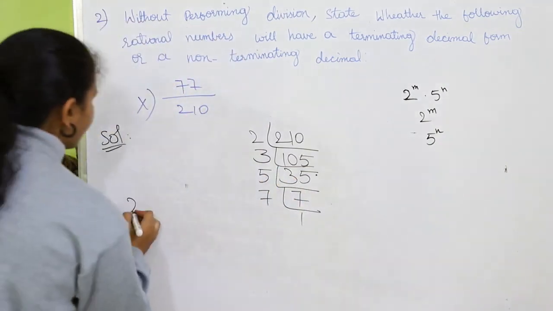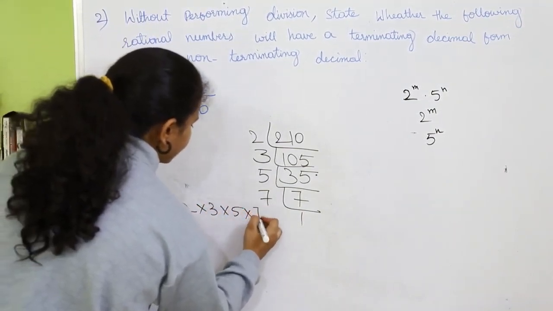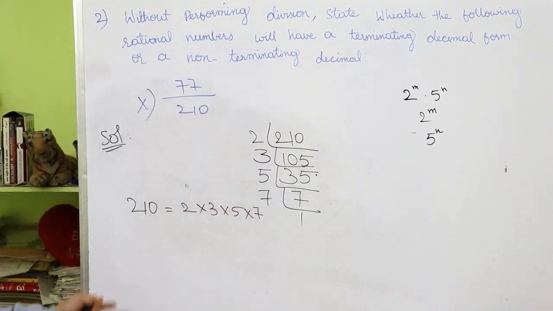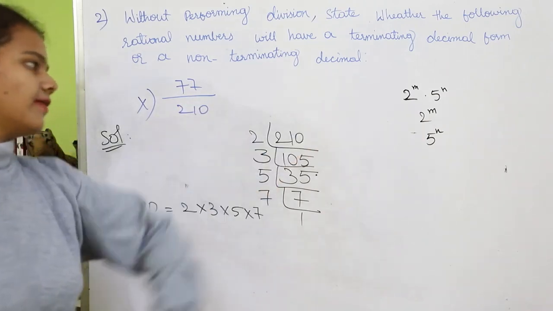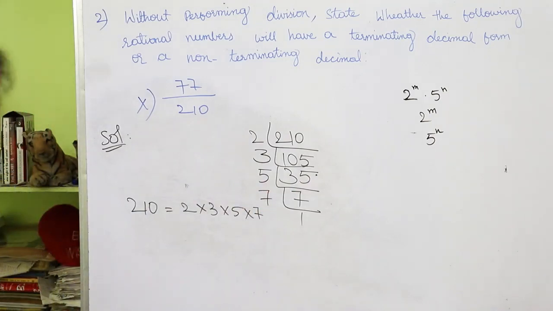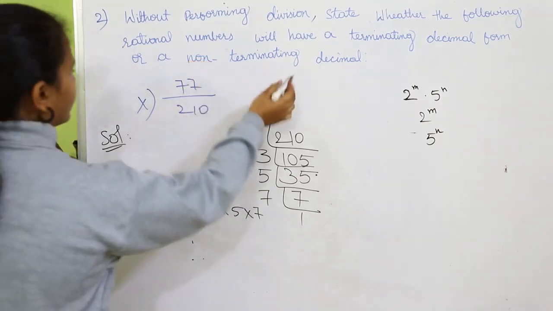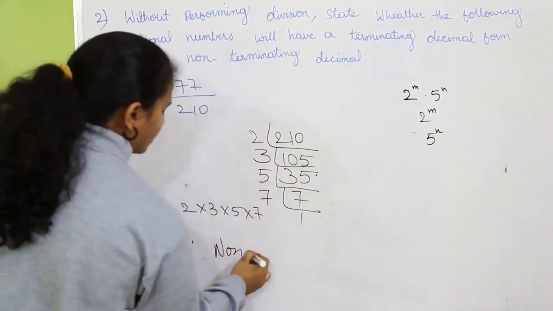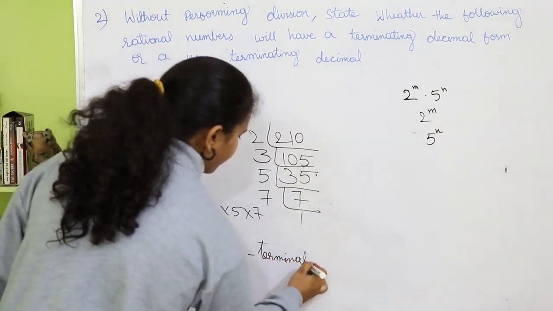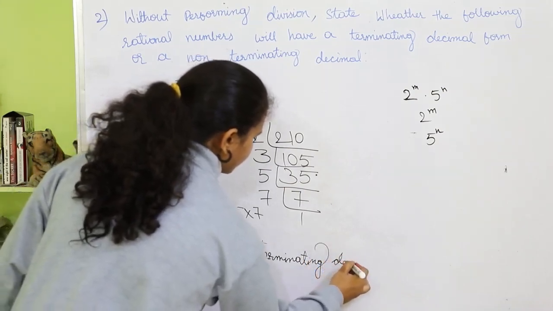So 210 equals 2 into 3 into 5 into 7, which is not of the form 2 power n into 5 power m, because here you have 3 and here you have 7. So therefore this will become a non-terminating decimal.